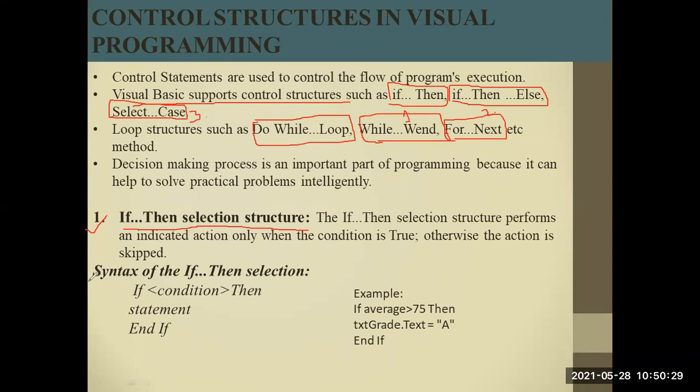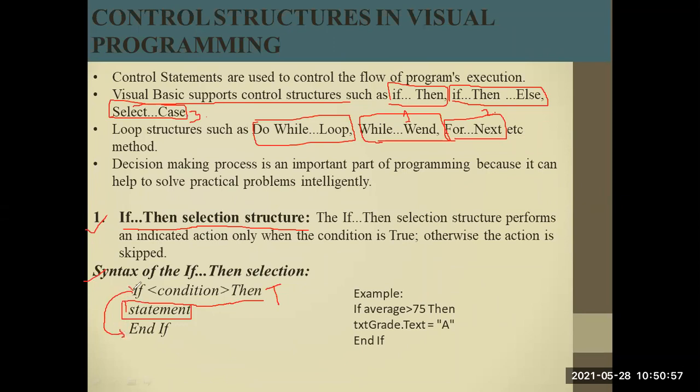Now this is the syntax for the if-then selection structure. We have If as a keyword, then the condition, then Then, which is also a keyword. This is the structure for visual programming: If condition, or decision making, then if this condition is true, we go to the statement part, and you have to end with the End If statement.